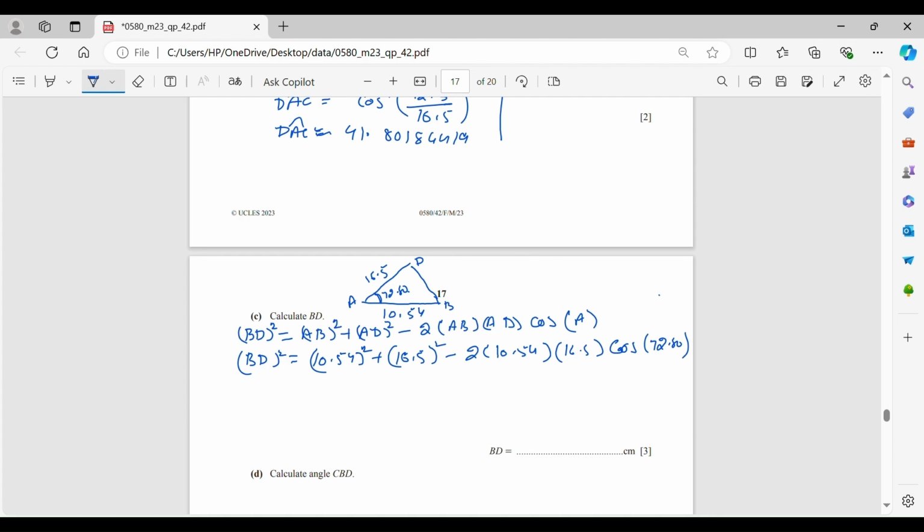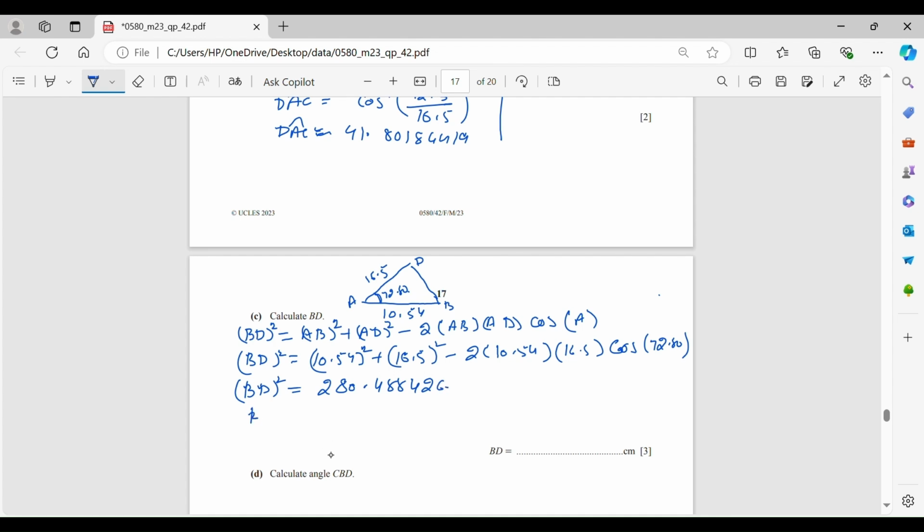So BD square will be equal to 280.488426.